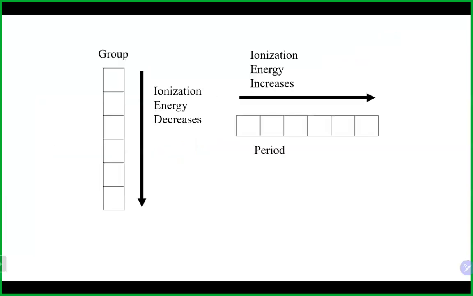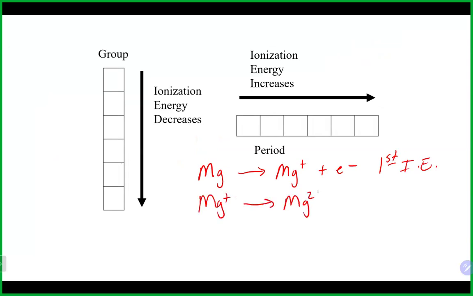The general trend on the periodic table is it increases as you go up to the right and decreases as you go down. Also, a reminder that electrons actually do come off one at a time. So, for example, if you took magnesium, the first thing that would happen is it would lose 1 electron. Then this guy that has now lost 1 electron will then lose another electron.